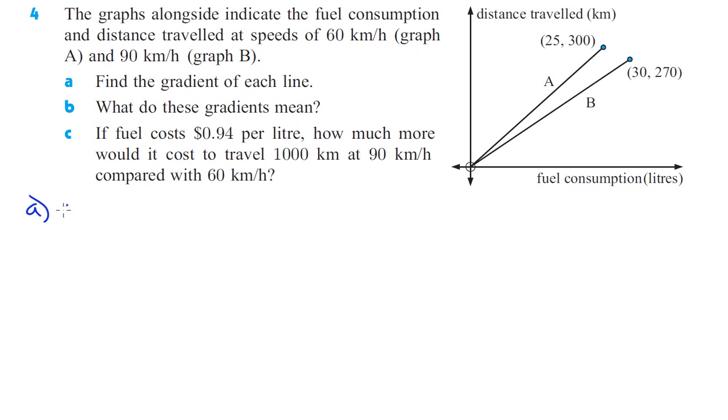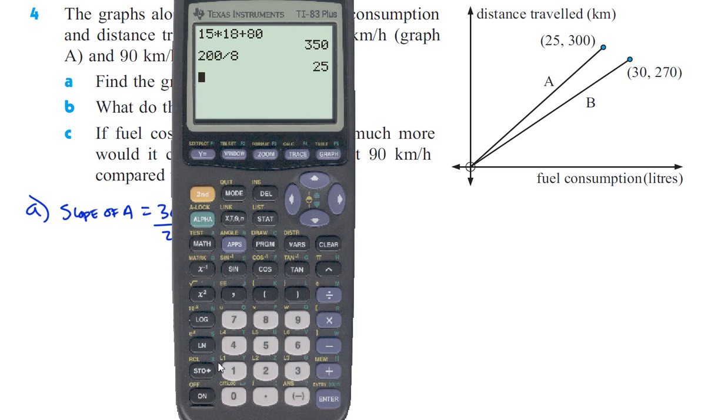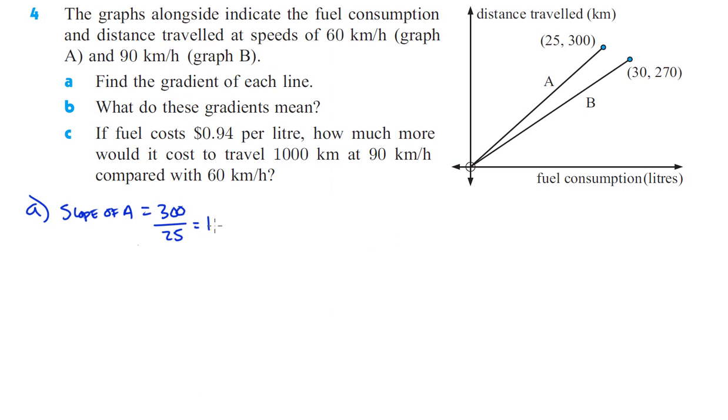So the slope of A is simply the y divided by the x, so it's 300 over 25. 300 divided by 25, we get 12. So this is 12 kilometers per liter.